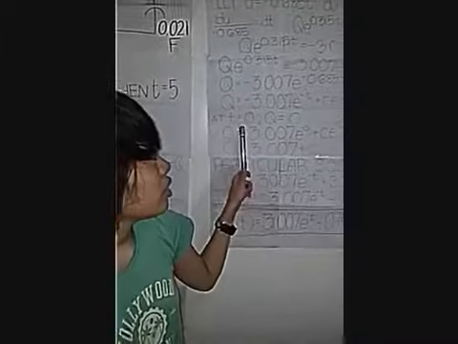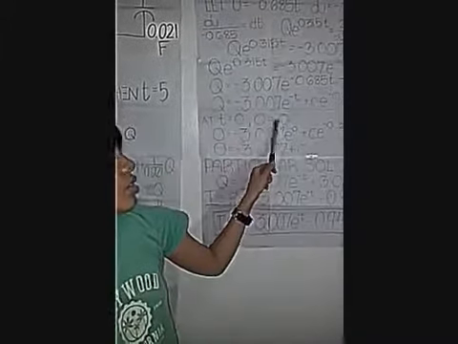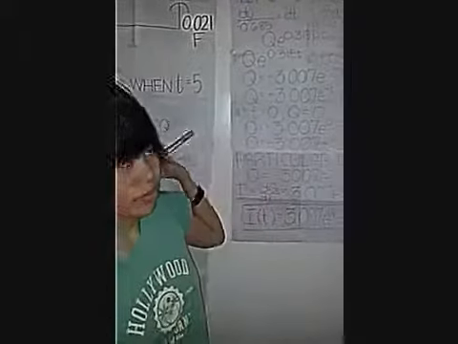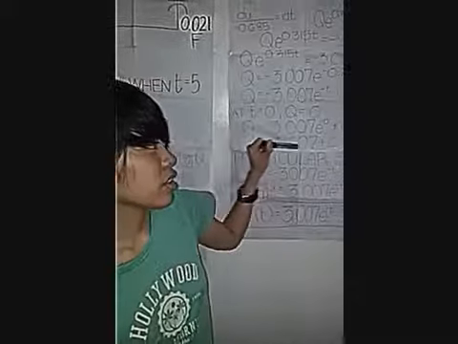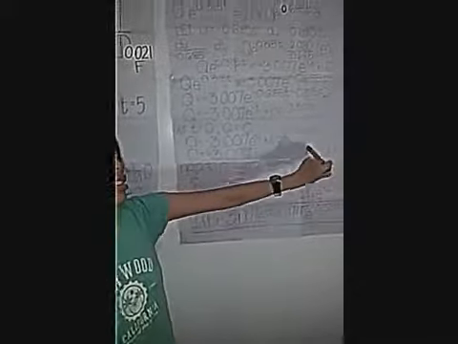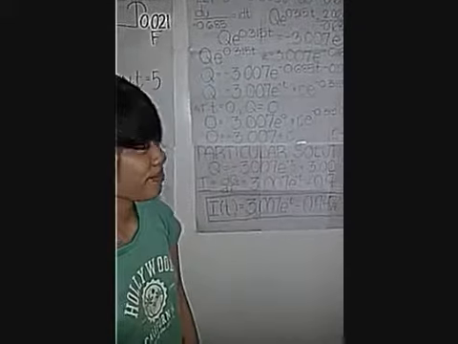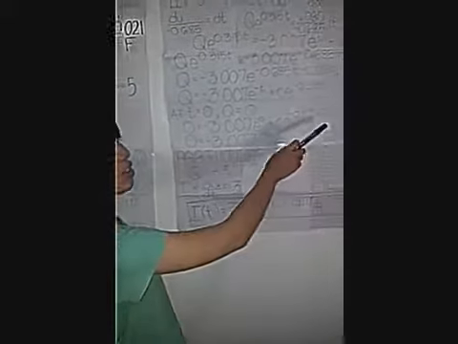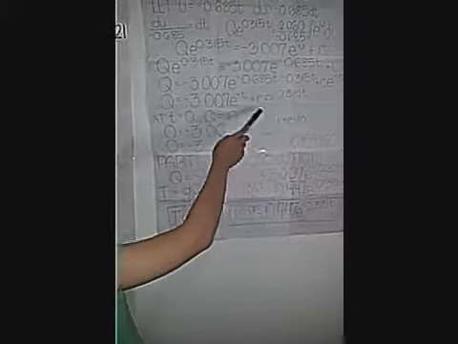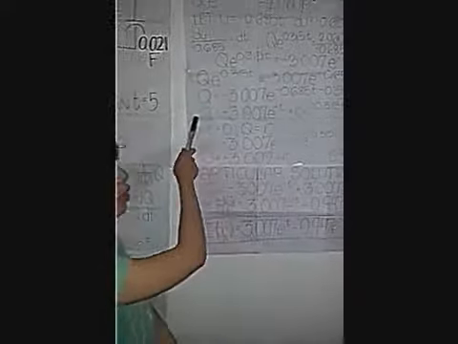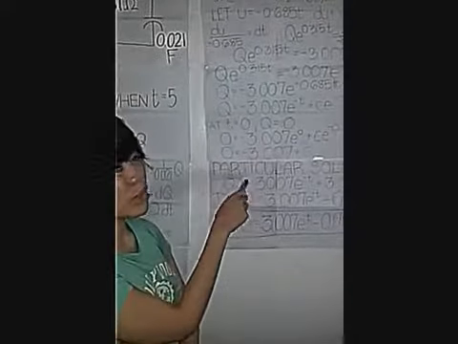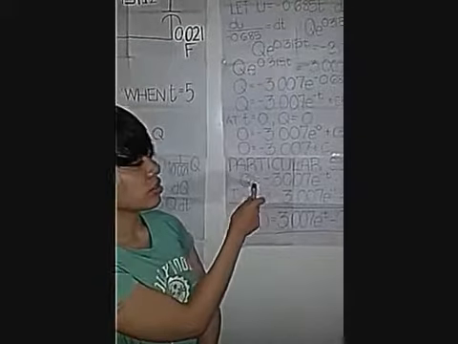And at t equals 0 and q equals 0, we could find the arbitrary constant c. And substituting the c in the equation for q would result to the particular solution.